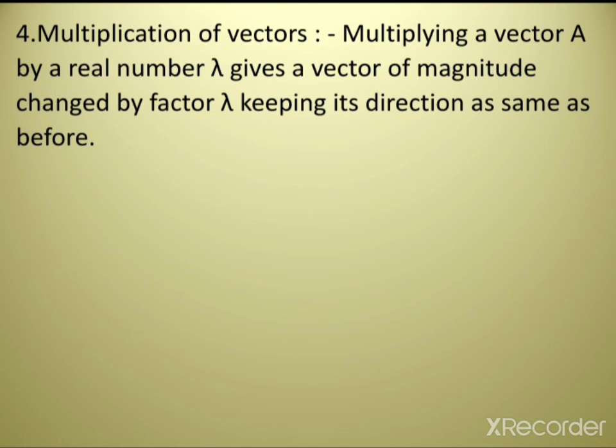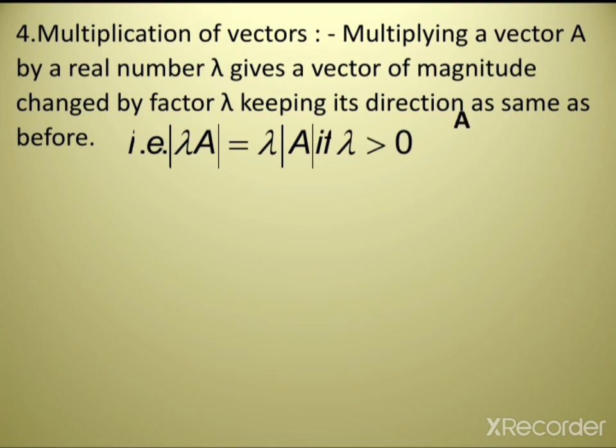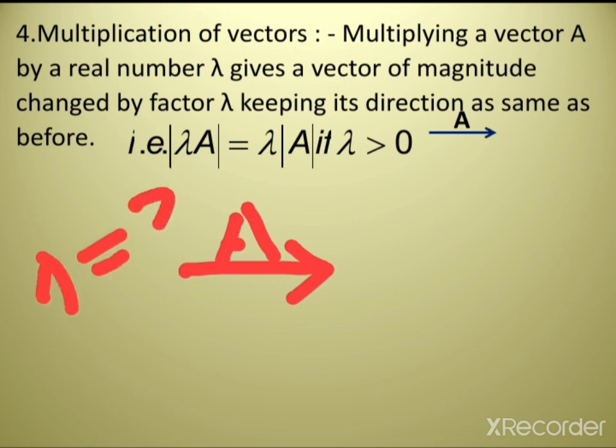Another example: suppose this is a vector a, and this vector a is multiplied by the factor 2. Here lambda is equal to 2.